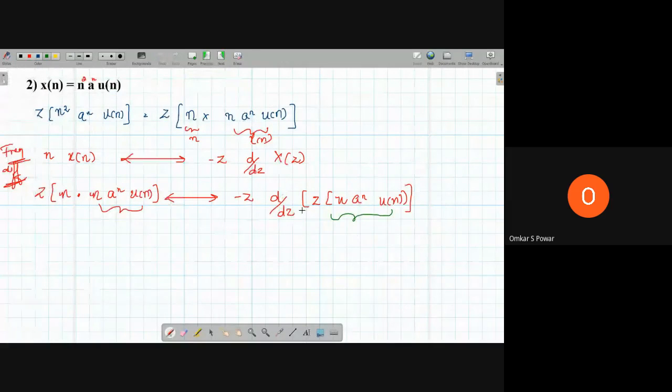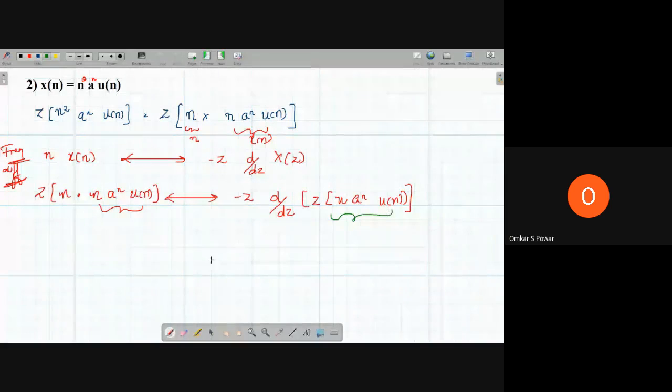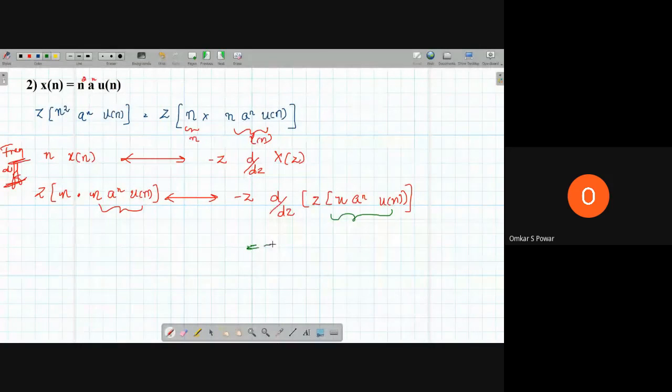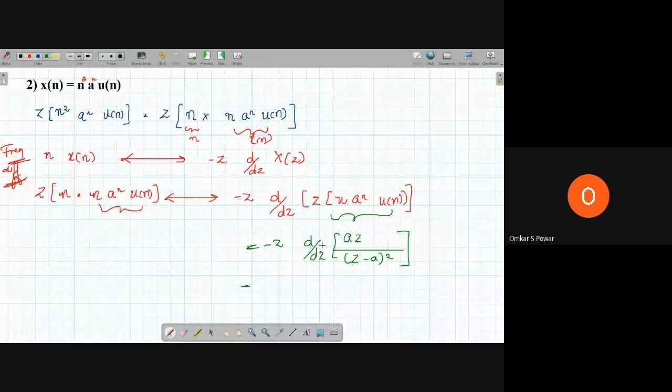So now what we have got? z transform of n square a power of n u of n, the answer is minus z d by dz of a into z divided by z minus a the whole square. Now it's easy. We just want to differentiate numerator and denominator and get our answer. So that you have to do.